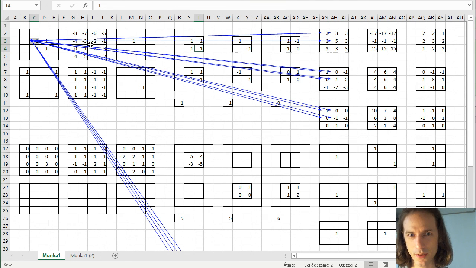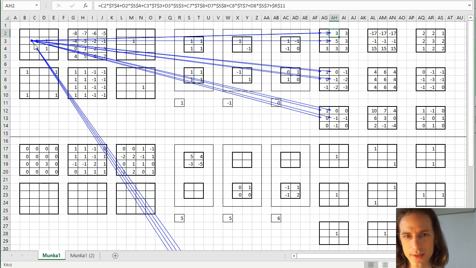Because when we are calculating this, we are using this part, this with this, this one with this one, this one with this one, and this one with this element to get to there. So this is multiplied by this one to get this, and this is multiplied by this one to get that.